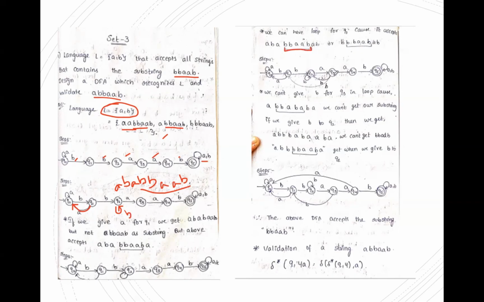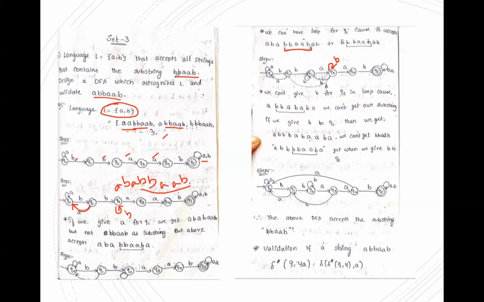Now move to this Q3. On Q3, we applied input symbol A, and on Q3 again we need to apply input symbol B also. So check whether we can apply this B as a self loop or not. If you apply that, you will get a different sequence, which is not possible.